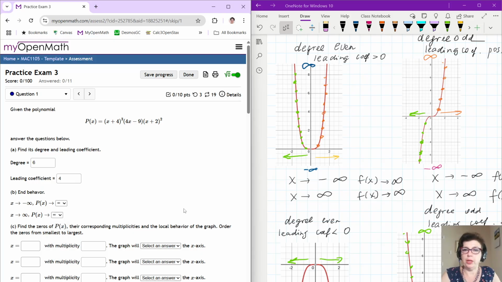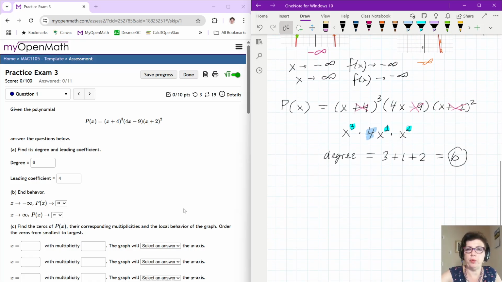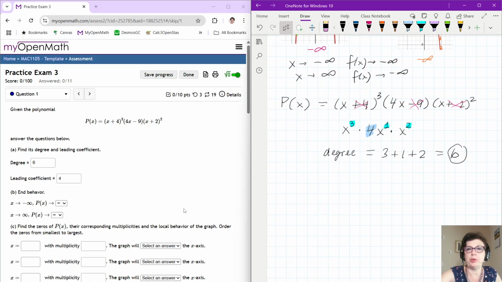Okay, so the next thing that I need to do is figure out what are my intercepts or zeros, also called roots of the polynomial. So here I actually have to remember, first I crossed out that plus 4, but now I have to take each term, each factor. So I have x plus 4, I also have 4x minus 9, and I have x plus 2.